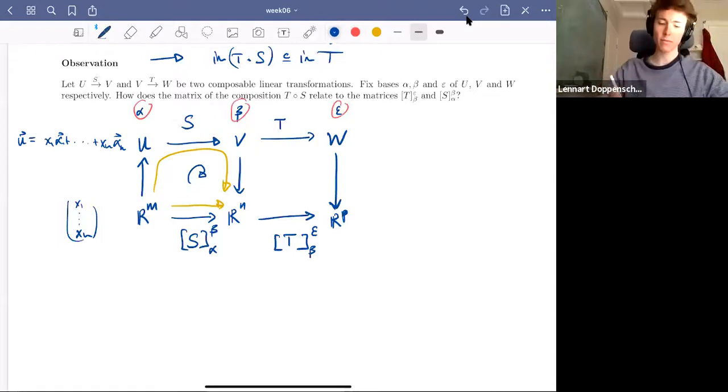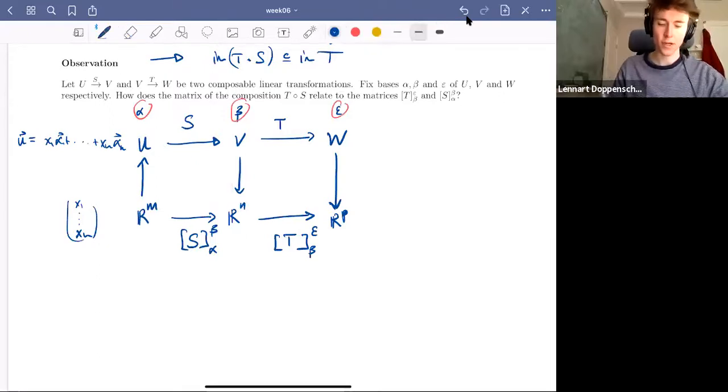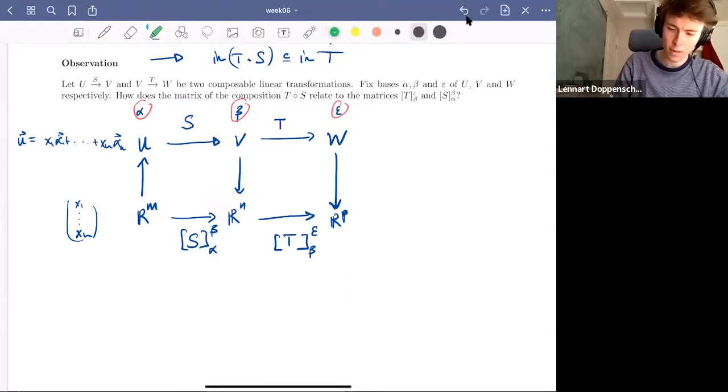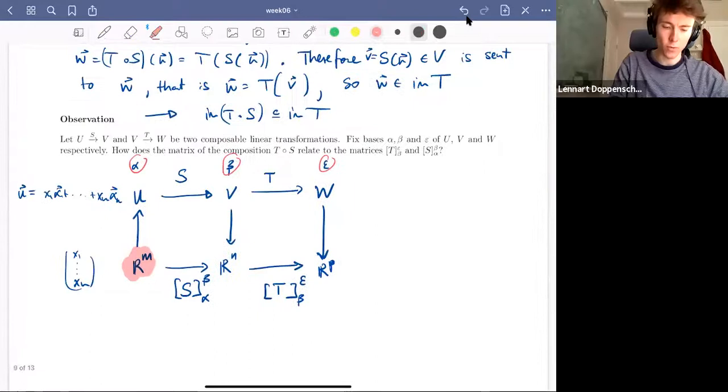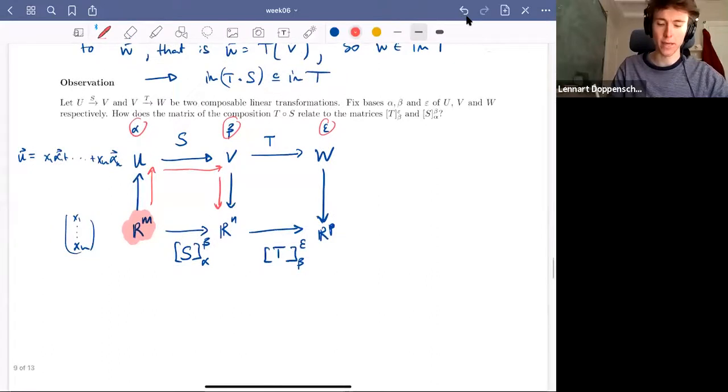Okay, so I don't want to make this diagram too confusing, but the idea is that if you start with an n tuple in here, and you create a vector, and then you apply S to the vector, and you look at the n tuple of the result, then this is just done by matrix multiplication.